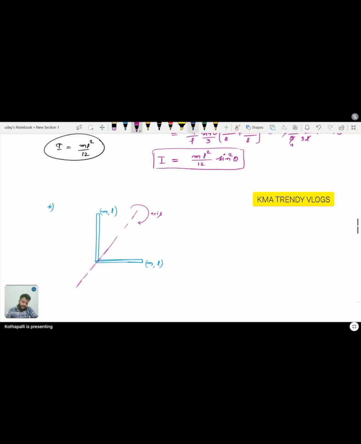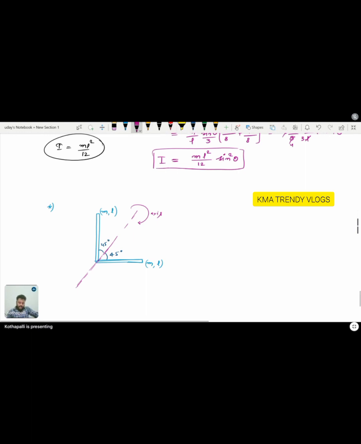Any one of you? See, obviously this angle will be how much? 45 degrees. Because both are of the same length, it makes a square. So this angle will be the angle of the diagonal, which is 45 degrees. At the same time, this will be 45 degrees.